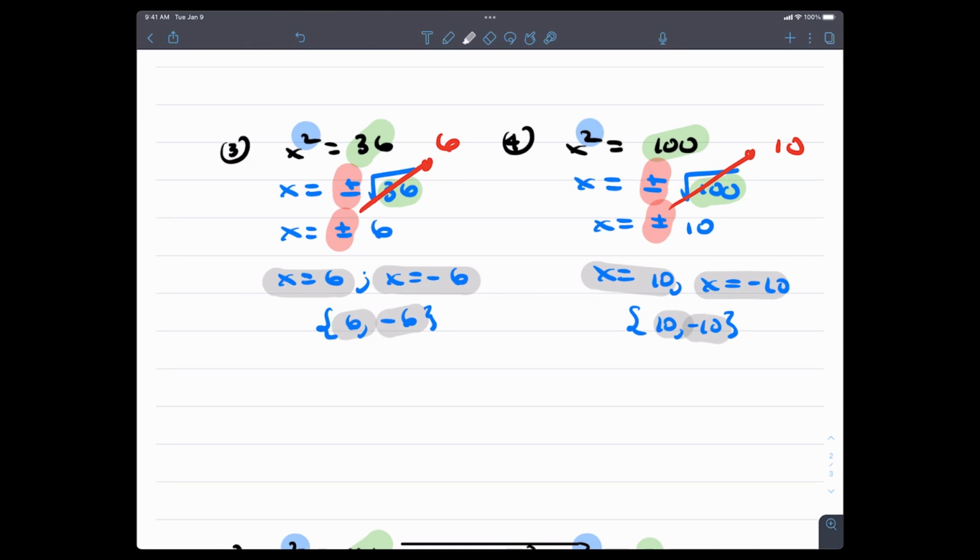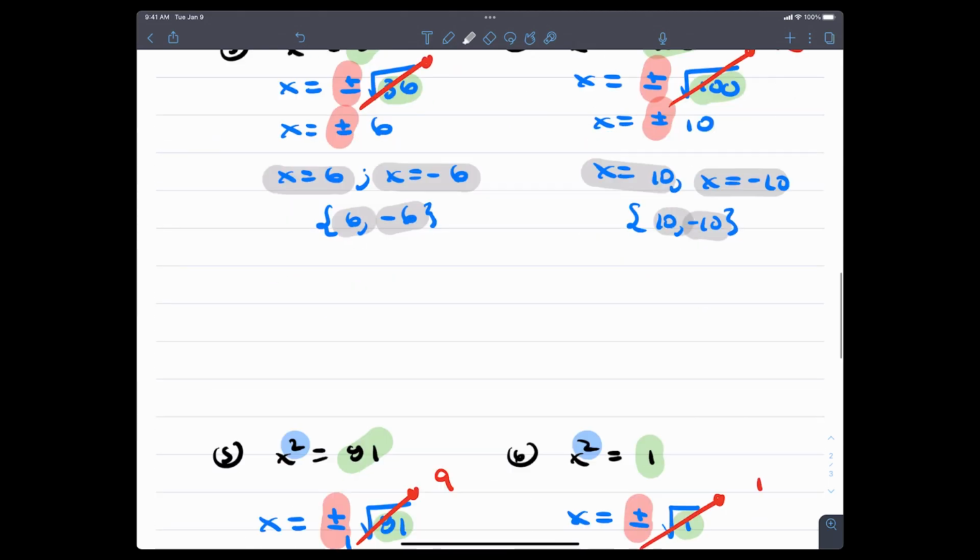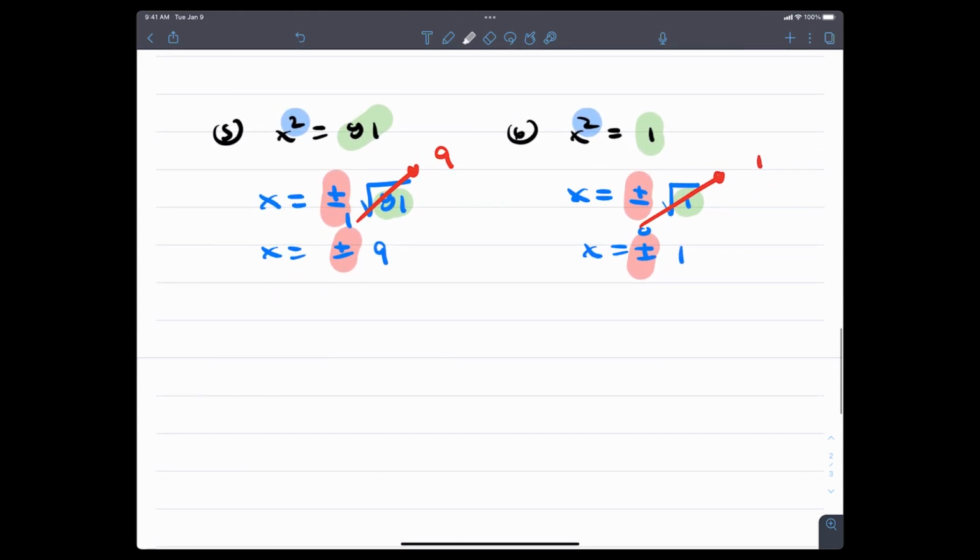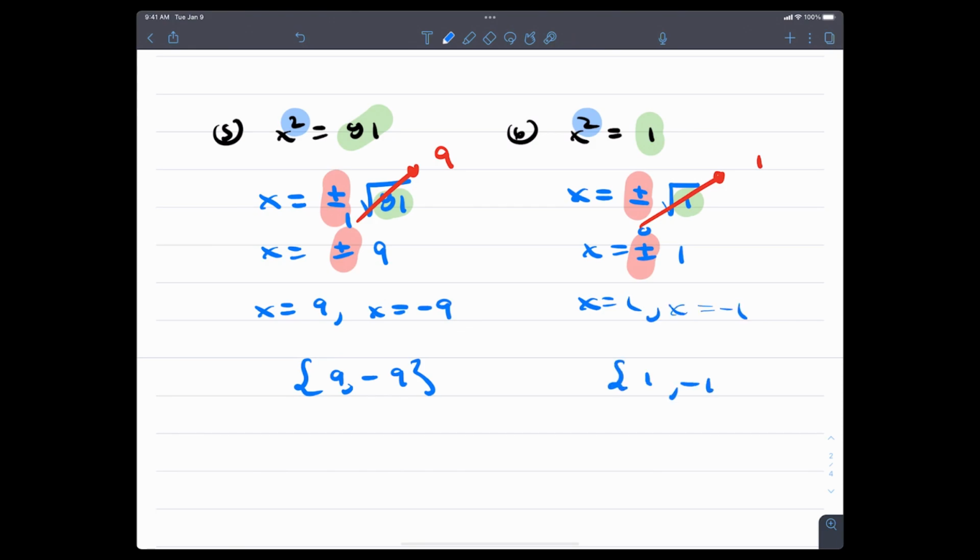What do you guys think? Is that okay? Easy? All right, what about this one here? How do you rewrite our solutions? X will be positive 9, and x will be what? Negative 9. So we have 9 comma negative 9. X is positive 1, x is negative 1. 1 comma negative 1.